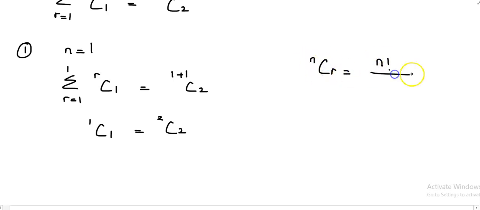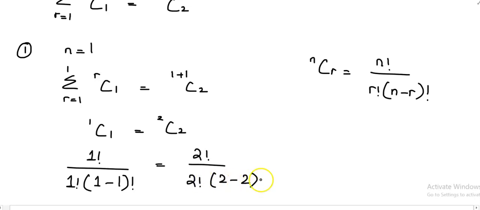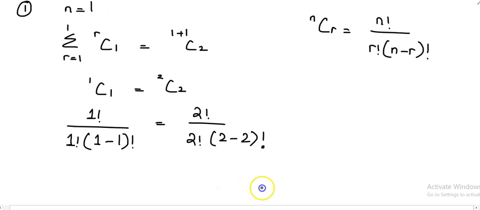This is given as n factorial divided by r factorial times n minus r factorial. So I will apply this formula: 1 factorial divided by 1 factorial times 1 minus 1 factorial on the left hand side, and on the right hand side 2 factorial divided by 2 factorial times 2 minus 2 factorial.